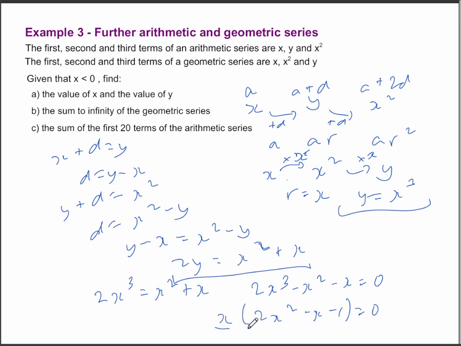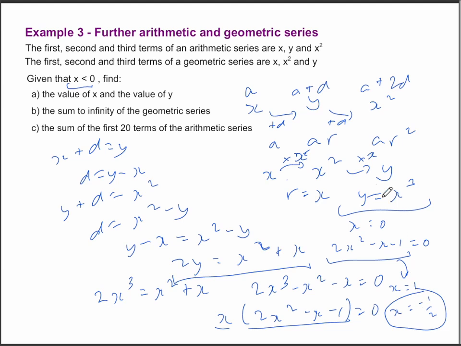And we can solve these by equating them both to 0. x equals 0, or 2x squared minus x minus 1 equals 0. This one is going to give you two solutions, which are x equals 1 and x equals negative a half. We know that x is less than 0, and therefore x will be negative a half.